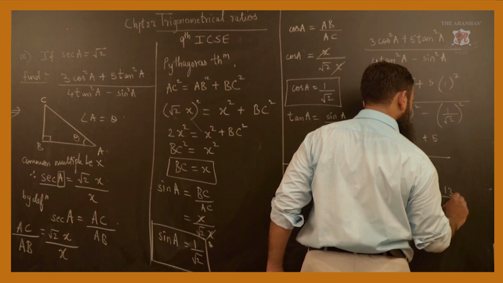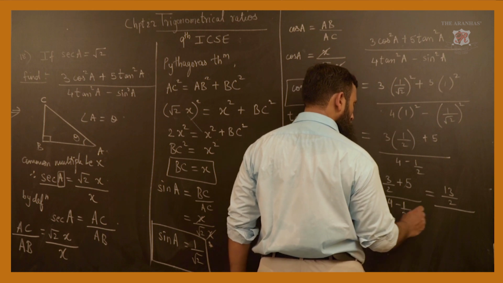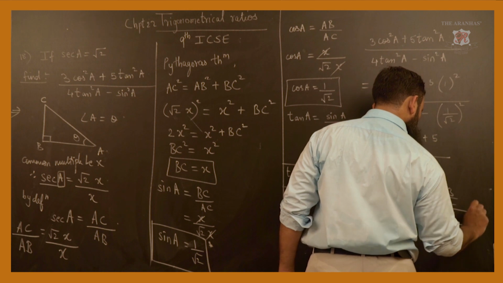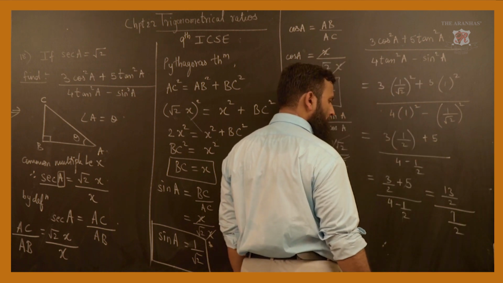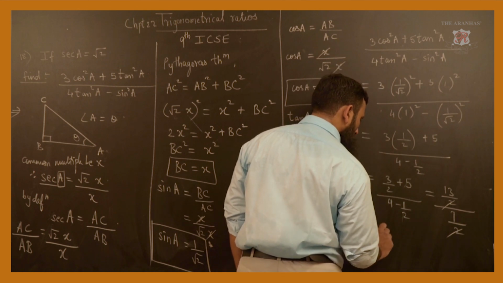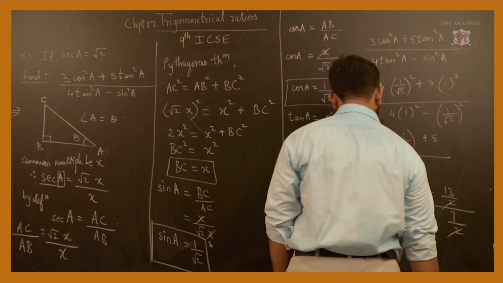So it will be 13 by 2 upon 7 by 2. So like terms get cancelled, and the answer finally comes out to be 13 by 7.